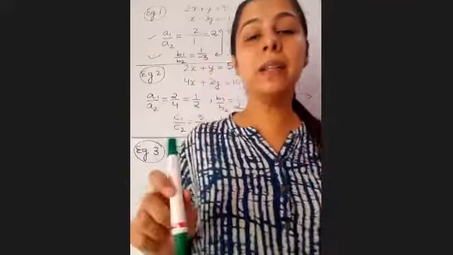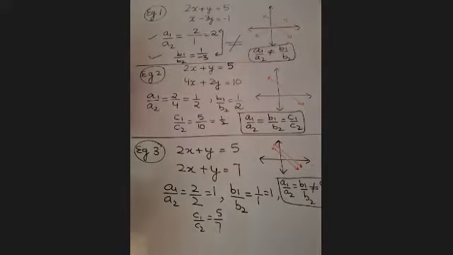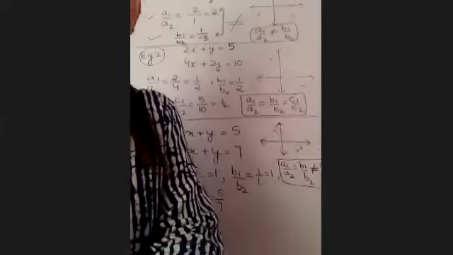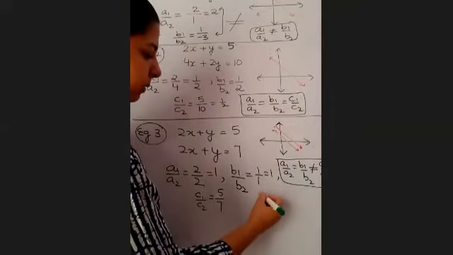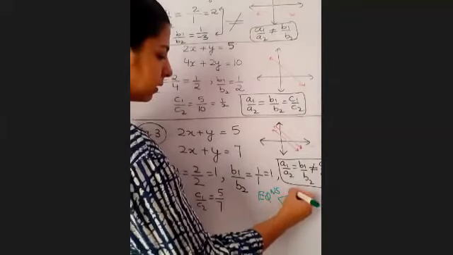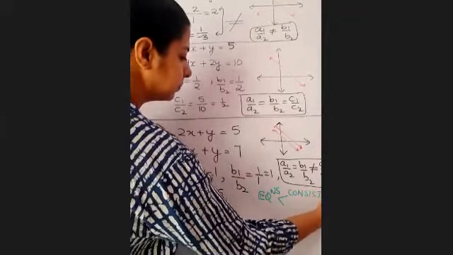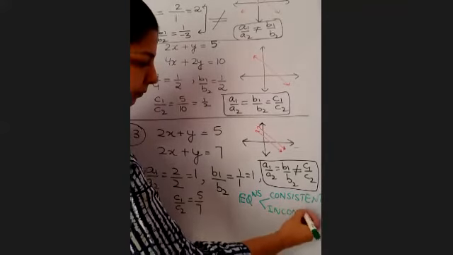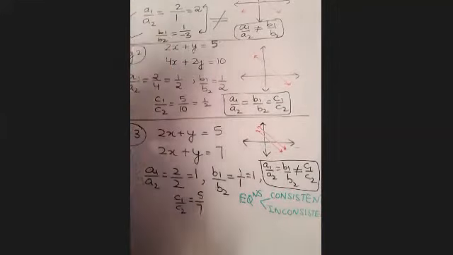Now there is another term coming up for the nature of equations. We have discussed so far the nature of lines and the nature of solution. Now we are discussing the nature of equations. Equations will be of two types: consistent and inconsistent. You don't have to worry what these two terms are.